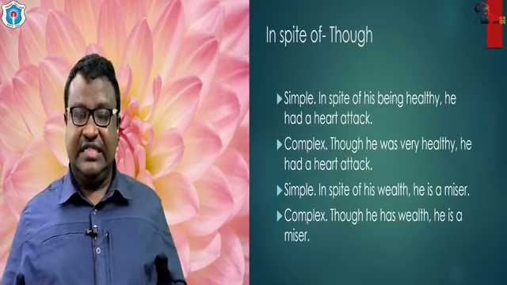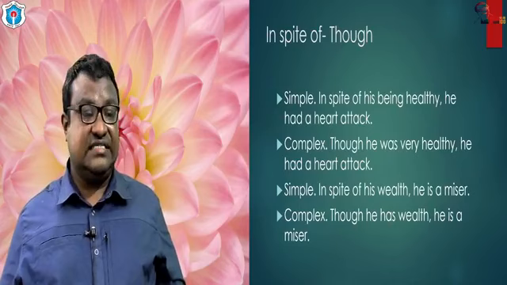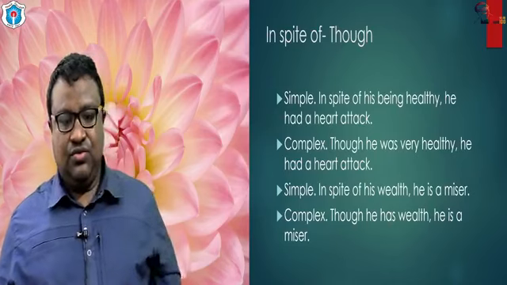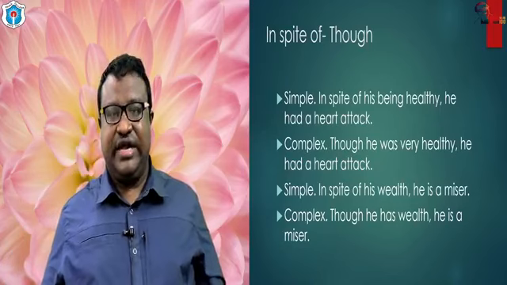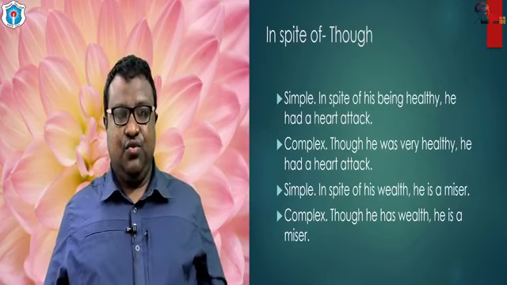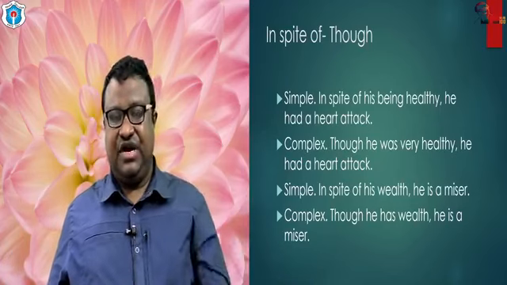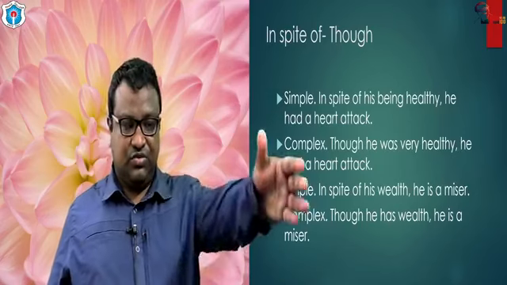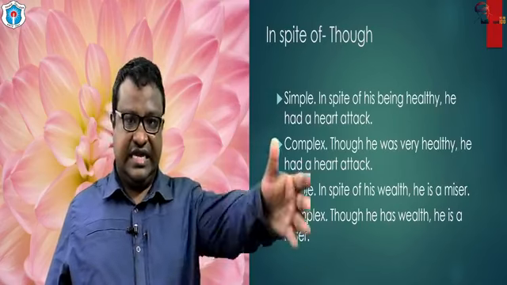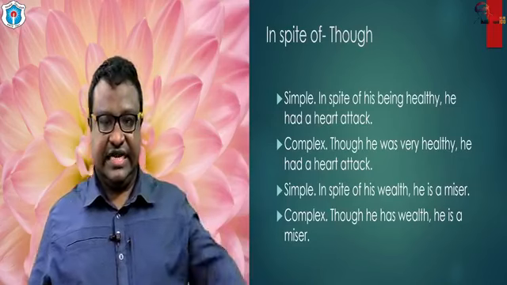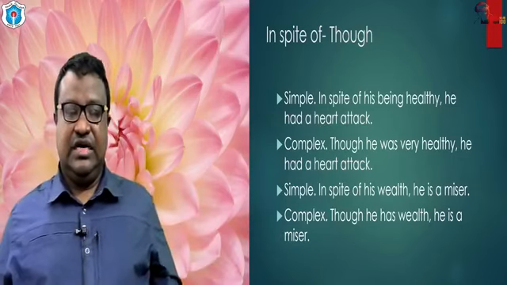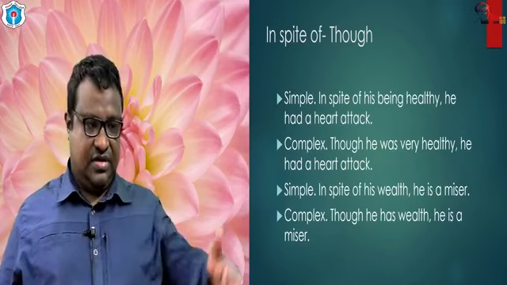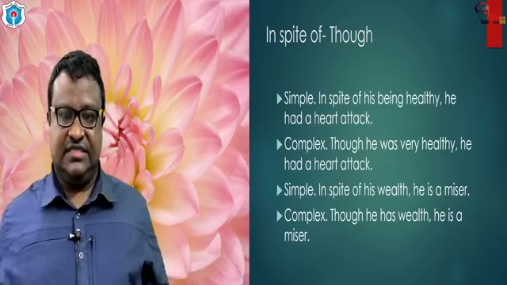Though he has wealth, he is a miser. Now you can say that we have two examples, with verb to be and verb to have. The first one was with verb to be, being, and it was turned into was. The second one had a noun, and it was turned into a sentence with verb to have. Though he has wealth, he is a miser.